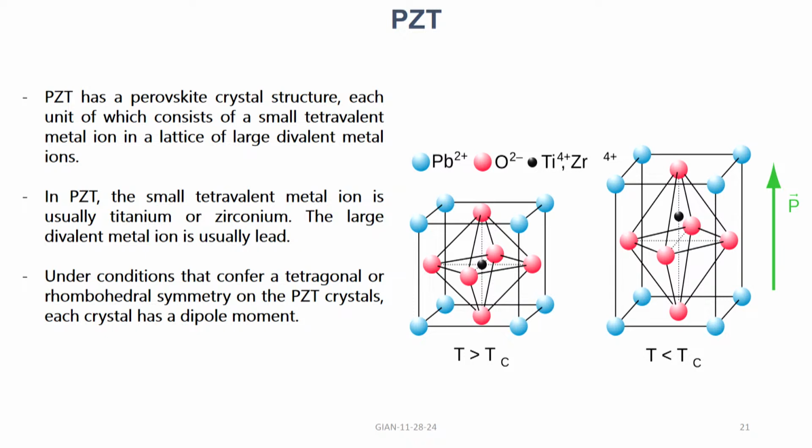So, when there is no separation between the centers of positive and negative charges, the polarization is 0. But once you go below the Curie temperature, there is a slight displacement of the central ion, and so the centers of positive and negative charges no longer overlap.